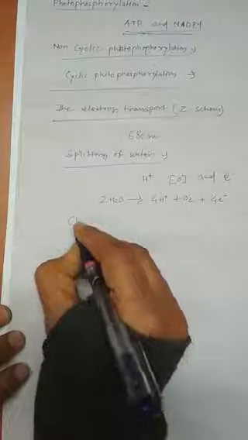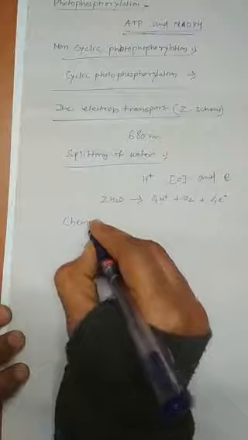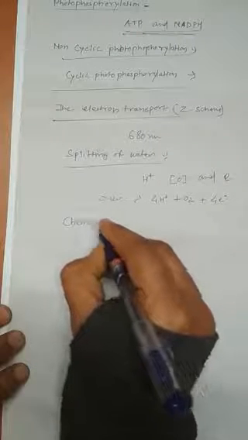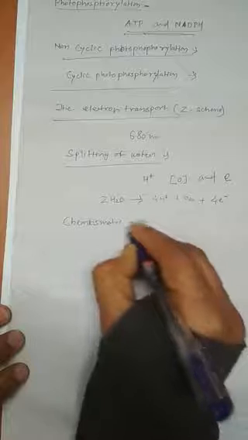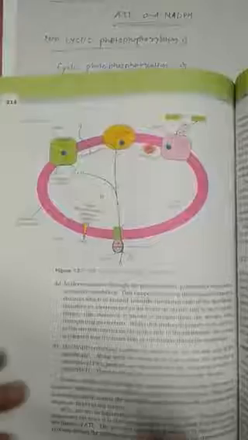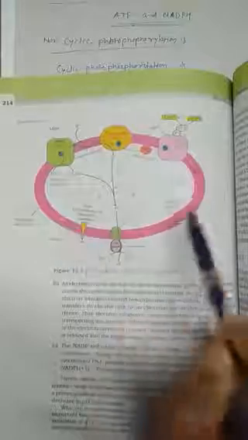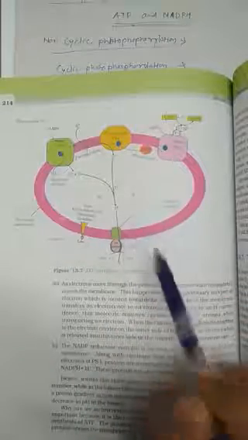Now what about the chemiosmotic hypothesis? What is this? The chemiosmotic hypothesis, this is the diagram given in your book, explains the mechanism of ATP synthesis in chloroplast.